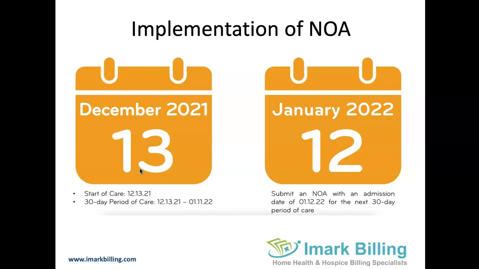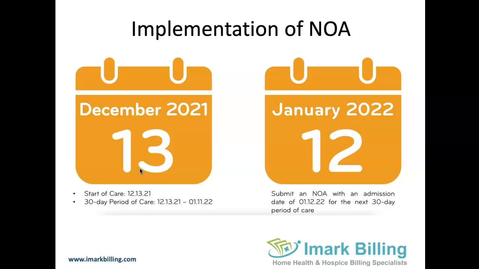Let's say we have a start of care of 12/13/21. What's going to be the 30-day period? The 30-day period is from 12/13/21 through 1/11/22. So what Medicare wants us to do is submit an NOA with an admission date of 1/12/22 for that next 30-day period.